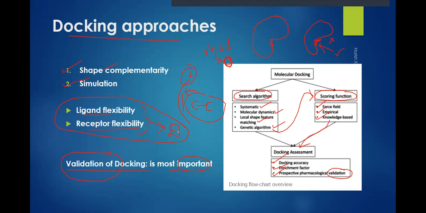We cannot have ligands that are rigid, otherwise they won't bind at all, because most of the time the binding sites are concave pockets. If the ligand is not bending at all, it will not be able to move, so it has to bend to bind to the receptor. That is what ligand flexibility and receptor flexibility mean.